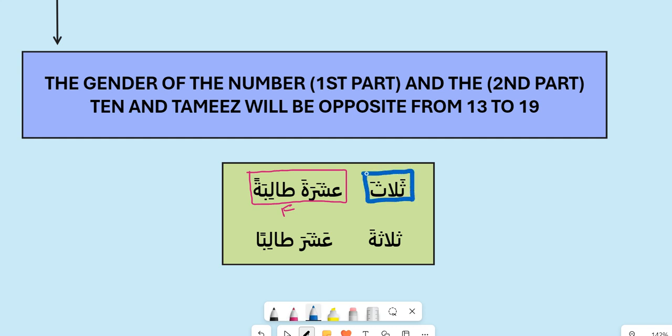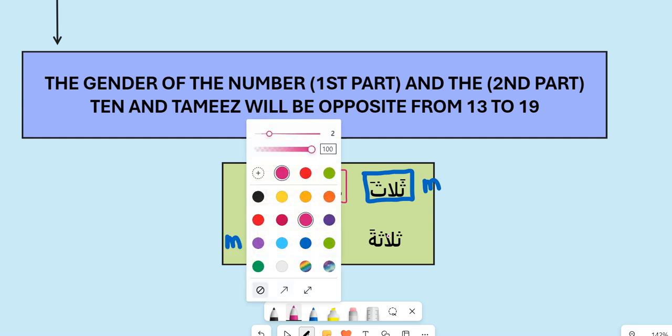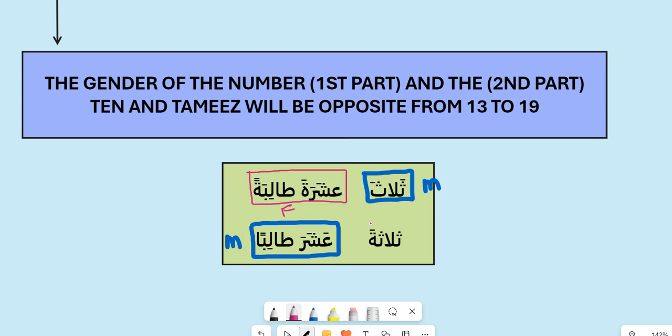Okay. Now, what about the male ones? For the second part, it's male, right? And what about the first part? The first part is feminine. So can you see the difference, opposites in gender?